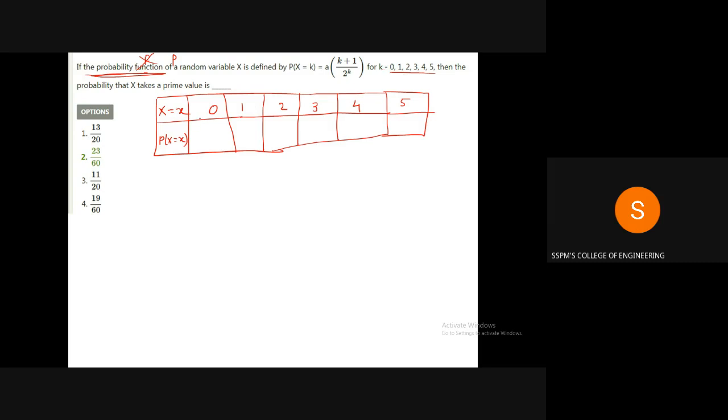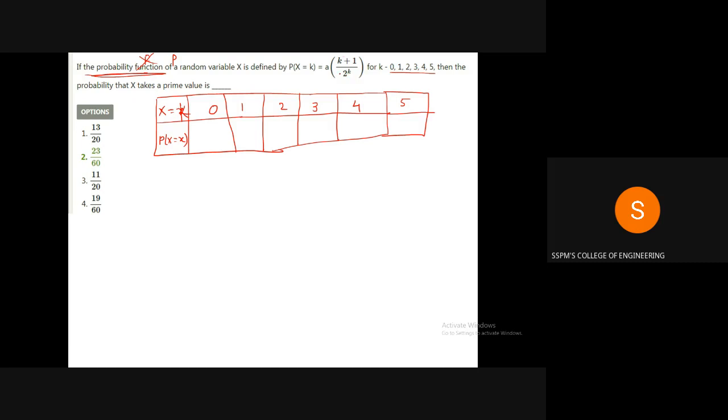If you put x is equal to k, first we put k is equal to 0. If we put k is equal to 0, that is 0 plus 1, it is 1. 1 divided by 2 raised to 0, it is 1.